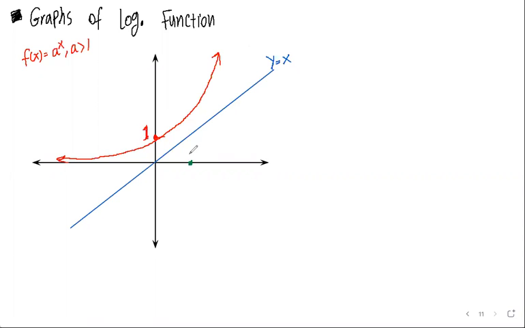This is 0 and 1. This is 1 and 0. And the reflection for all this line here will be something like this, and for these things here will be something like that.